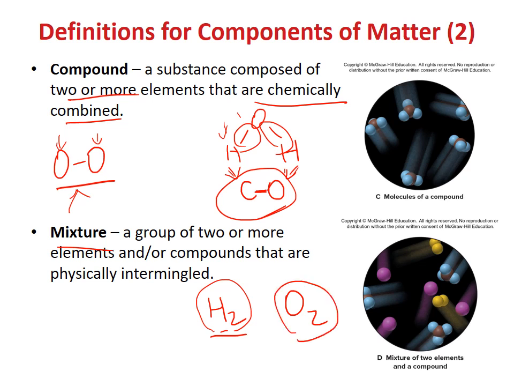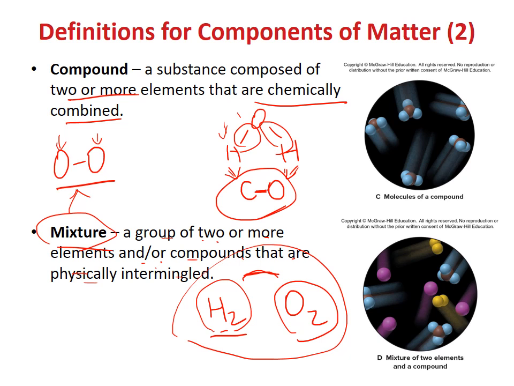And this one is an oxygen molecule. When you mix hydrogen molecules and oxygen molecules together, these have no chemical bond, and therefore the whole thing is a mixture. A mixture is a group of two or more elements and/or compounds that are physically mingled together. They don't have chemical bonds.